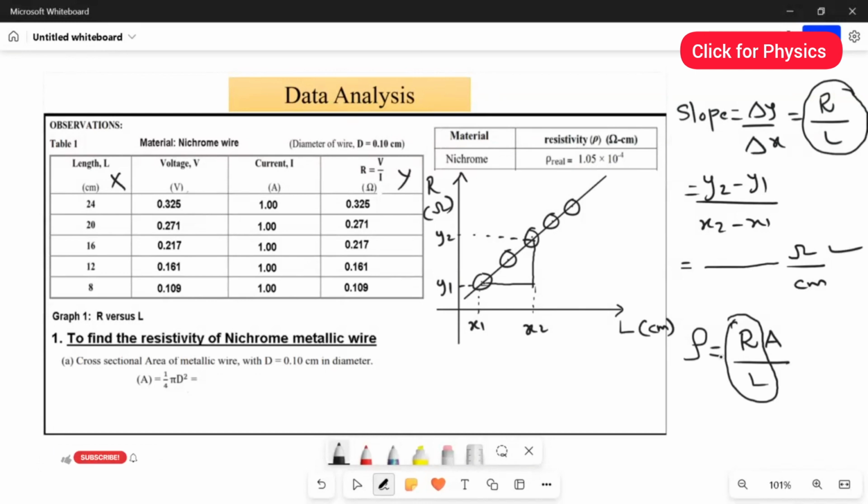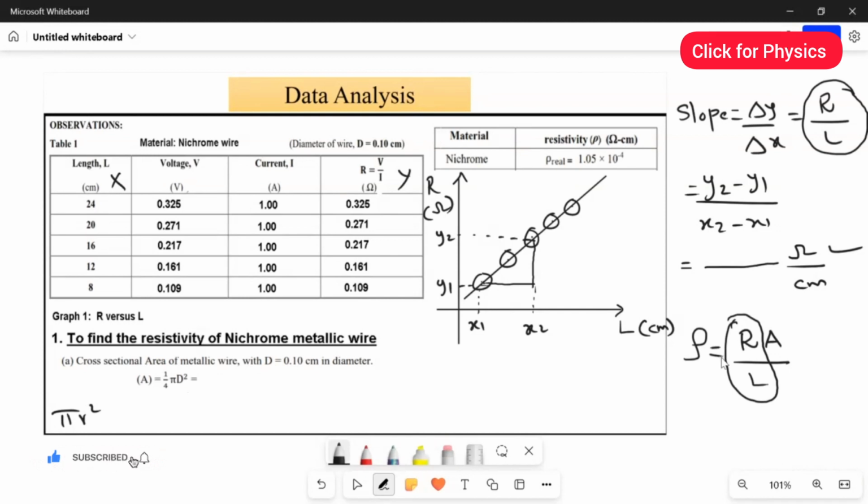And then for area, we have to find the answer. So how to find the area? If you see the cross-sectional view of the wire, it looks like the area of a circle. So you can find the area here by using the diameter value. As we know, the area of the circle is pi r square. Here we have to use the formula for diameter.